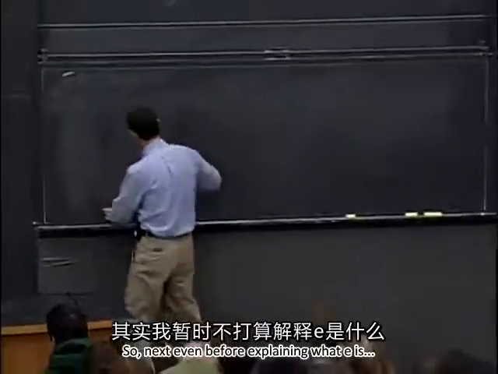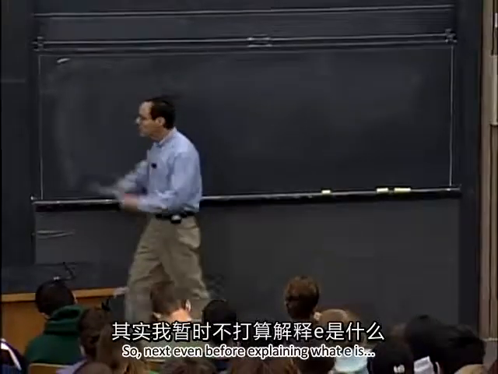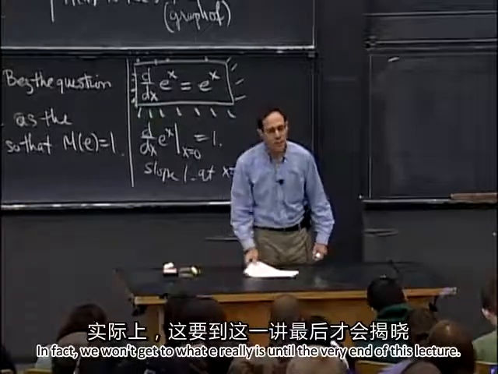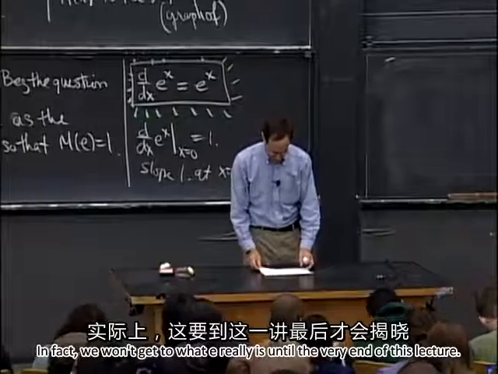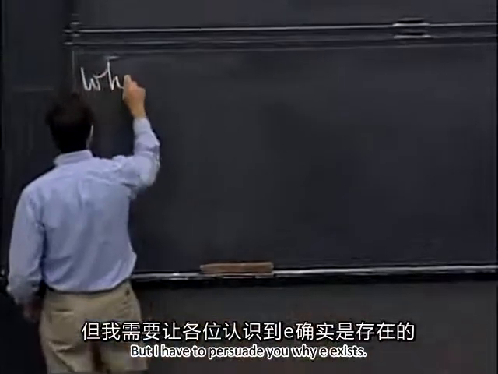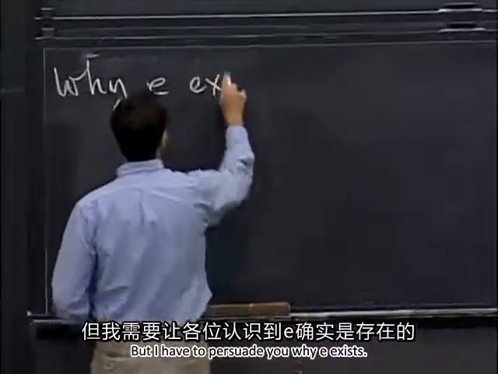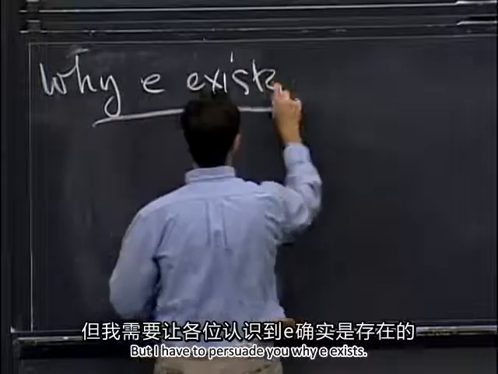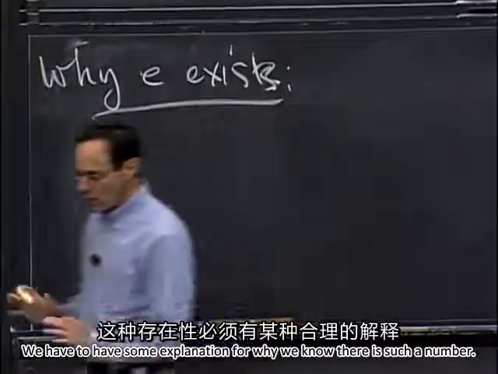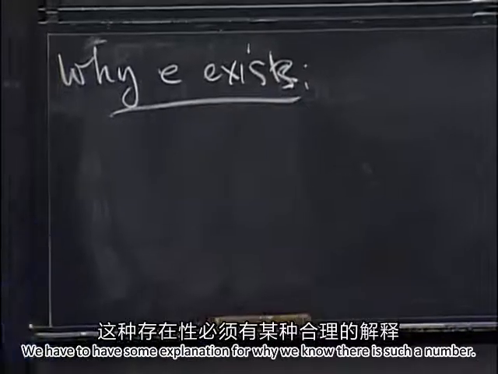So next, even before explaining what e is, in fact, we won't get to what e really is until the very end of this lecture. But I have to persuade you why e exists. All right? So we have to have some explanation for why we know that there is such a number.